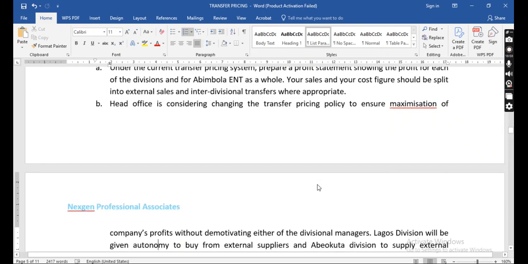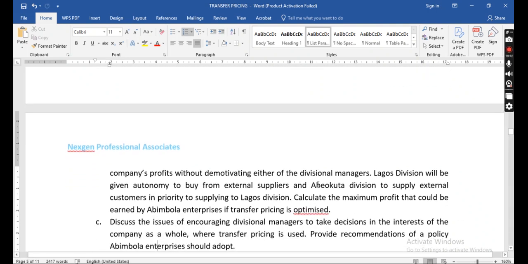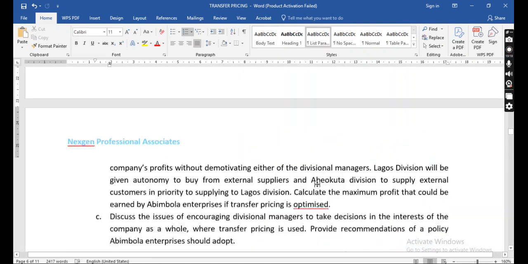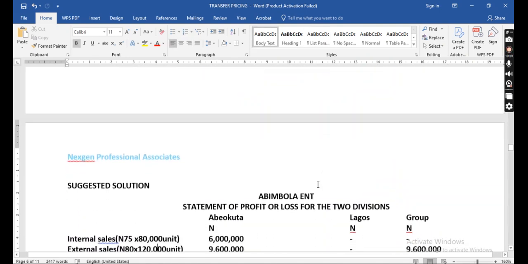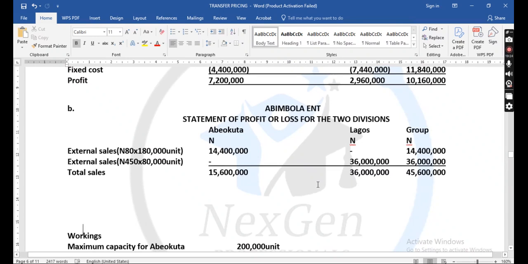So head office is considering changing the transfer pricing to ensure maximization of company profit without demotivating either of the two divisions. Lagos division will be given autonomy to buy from external. So that is the autonomy: go and buy outside. That's fine, so we move ahead.